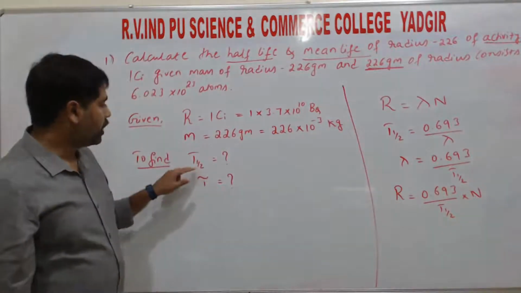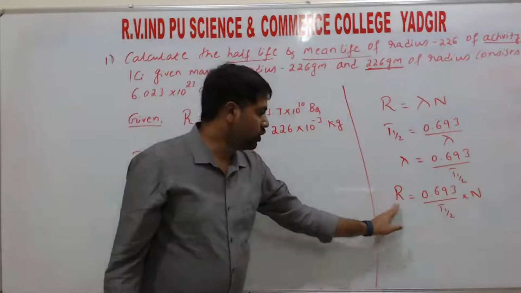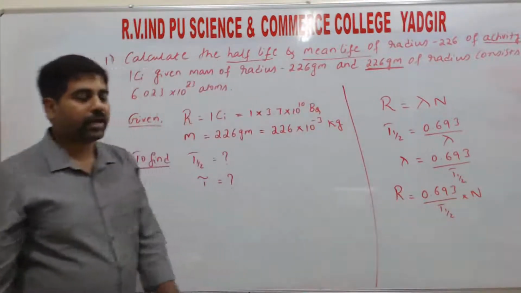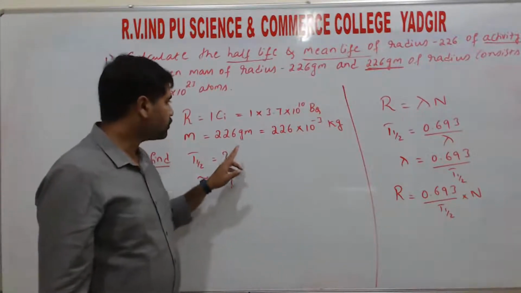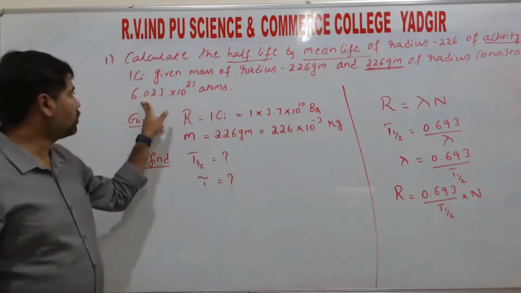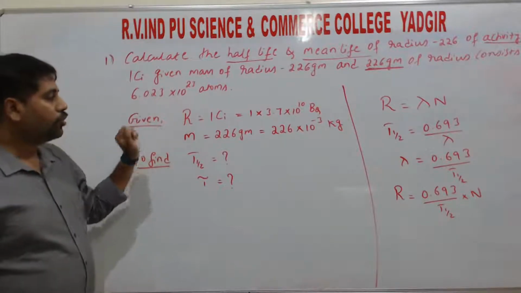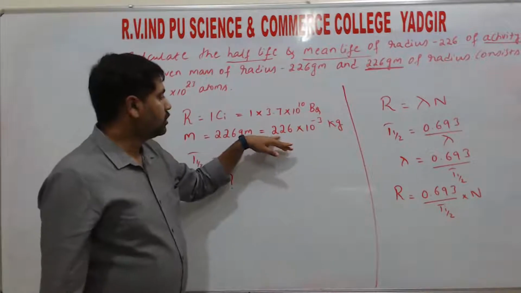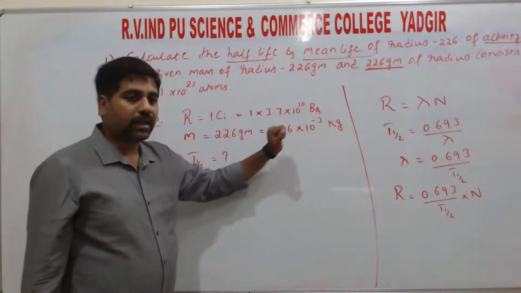So here we are going to find T half. They given the R value, we need to find T half and we need to find the N value. For N, the given mass consists of a number of atoms, 6.023 into 10 to the power of 23, that means the number of nuclei, right?